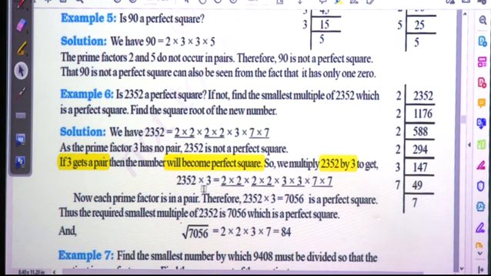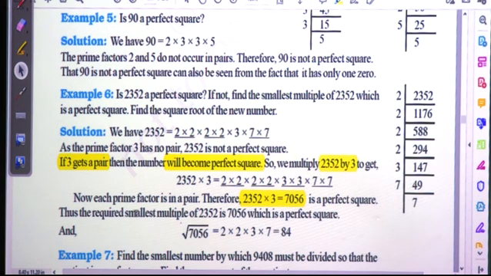The 2s are present 4 times, in 2 pairs, and then 3 into 3 into 7 into 7. Now, each prime factor is in a pair, therefore 2352 into 3 equals 7056, a perfect square.